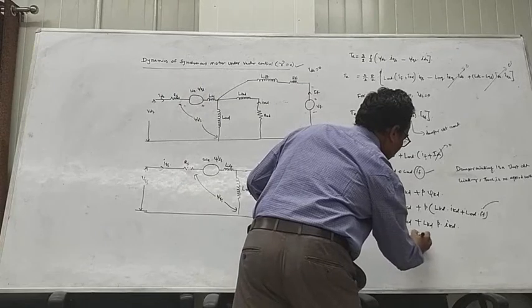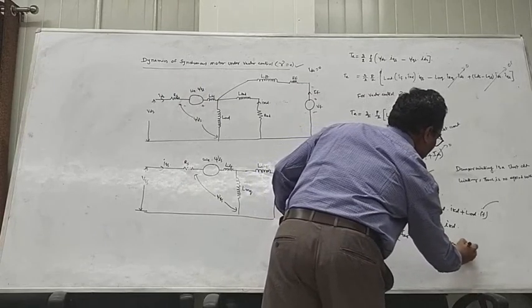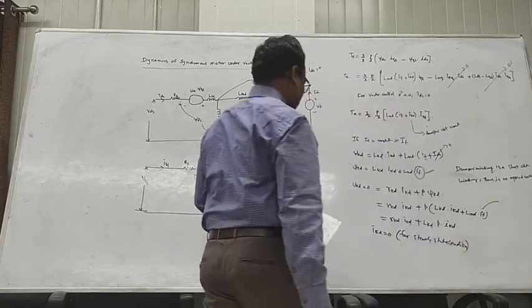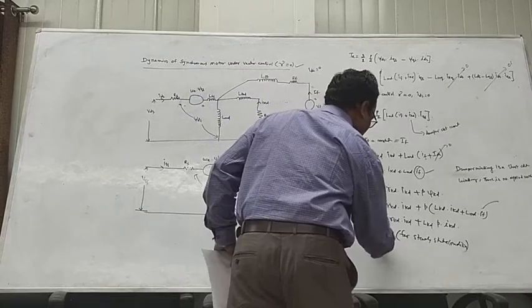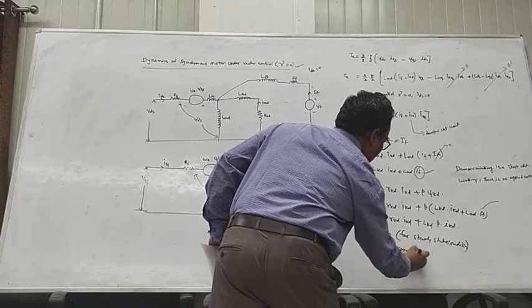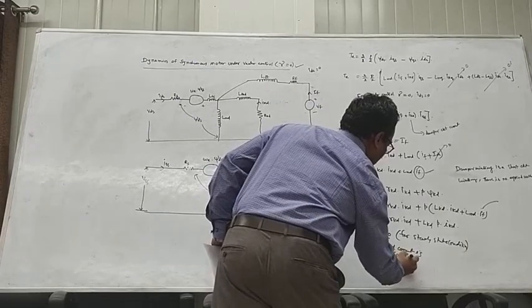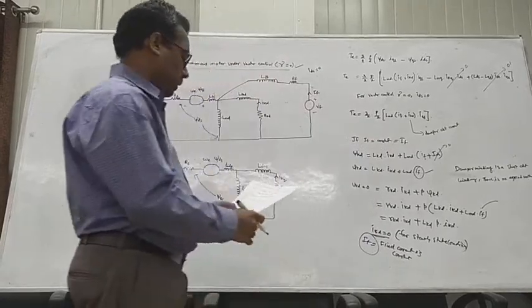Why is the field current constant? Field current is constant because, as I suggested, field current IF is constant here.